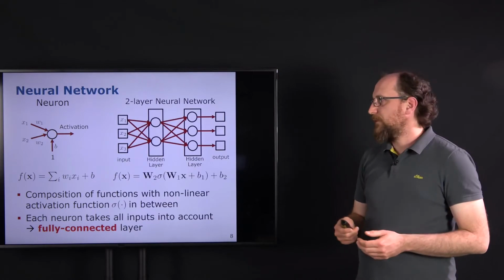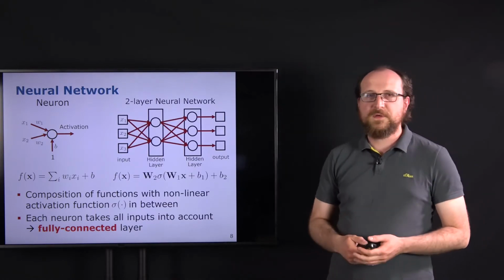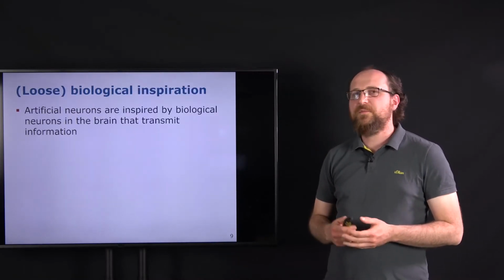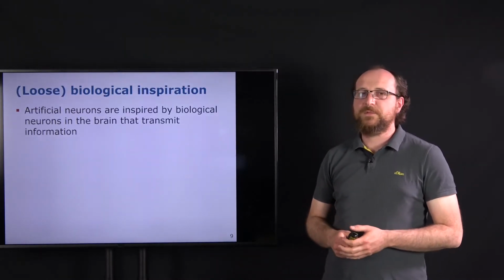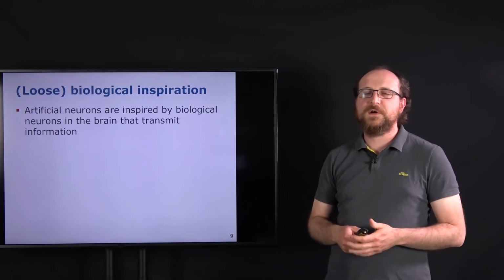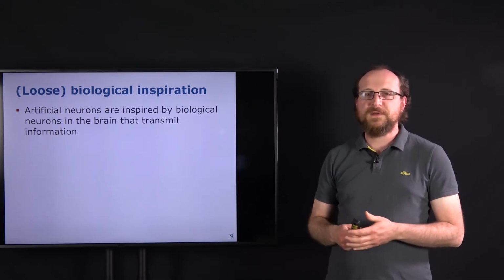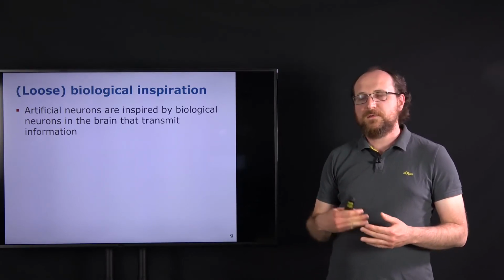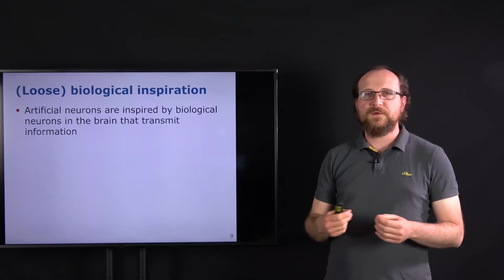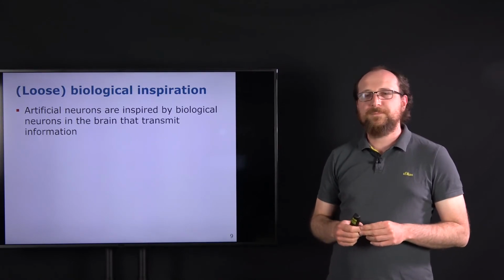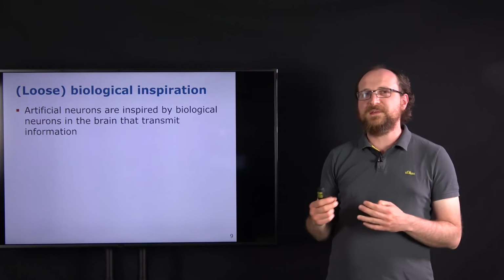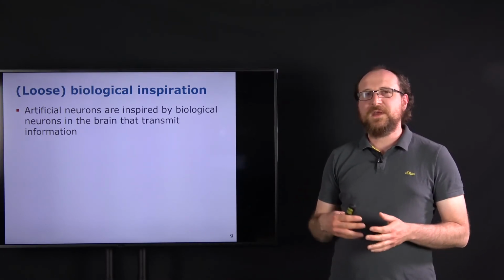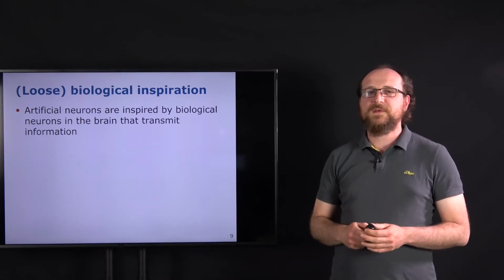And as you can see by the naming, there's some biological inspiration. I would call it a loose biological inspiration. These artificial neurons are basically inspired by the biological neurons that are present in our brain and that transmit information between different synapses. This is basically some abstraction that you can have, but it's not that simple in the brain.